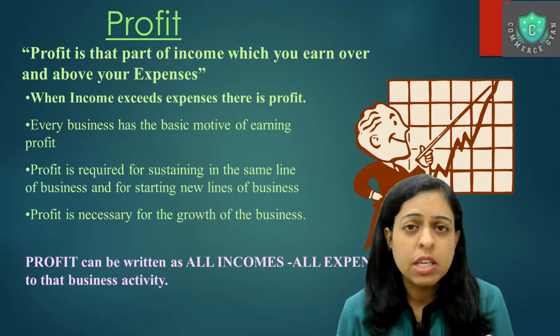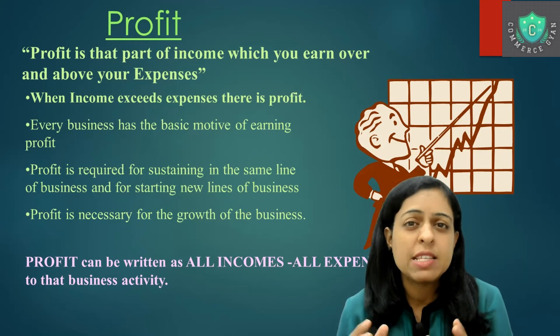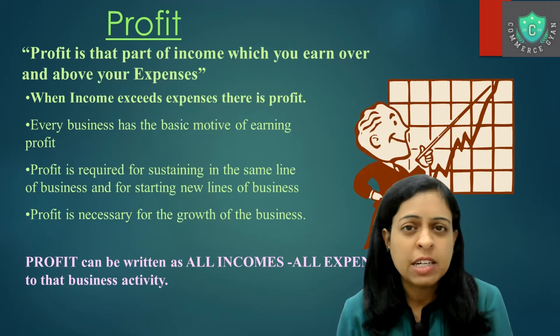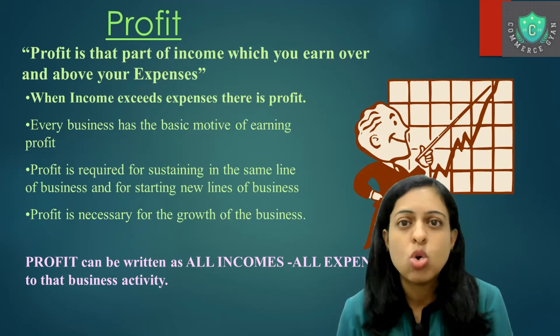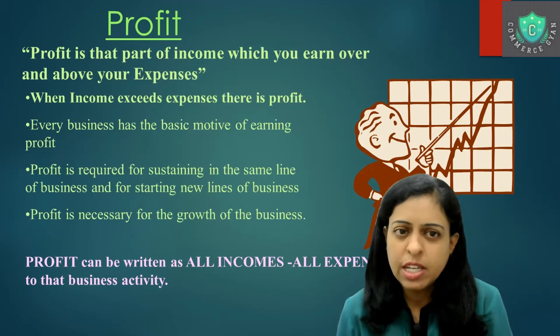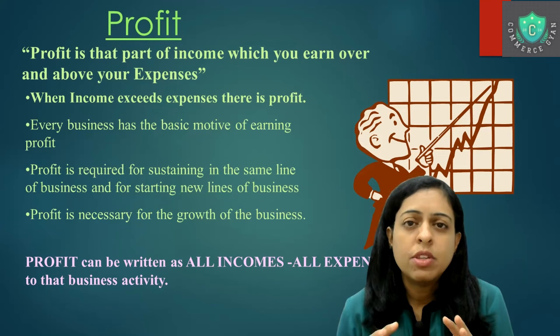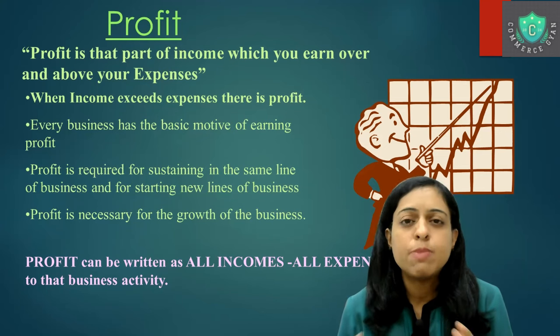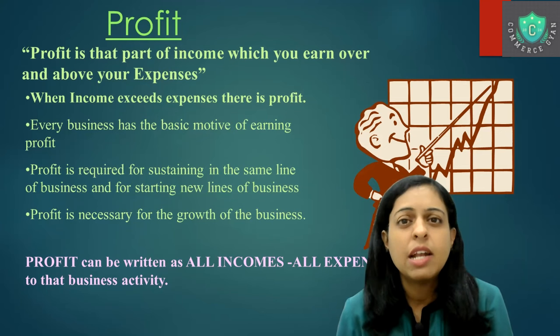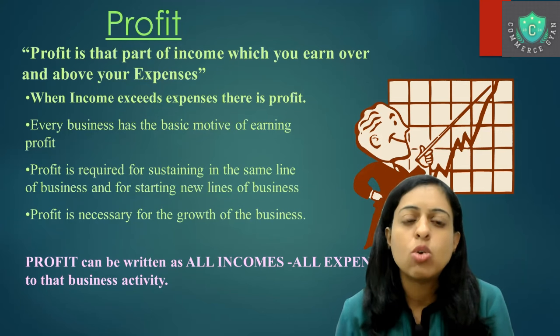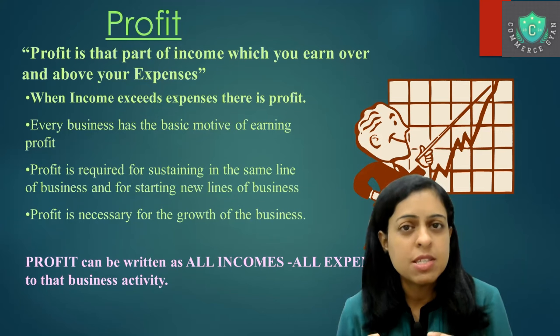Is that the income or is the amount earned over and above the amount spent as the profit? No, it is not a regular activity of that business, and so it is not considered to be the profit, correct? So income is on a regular basis, expenditures are on a regular basis, and in this case profit is also something which is on a regular basis for which the business is started.